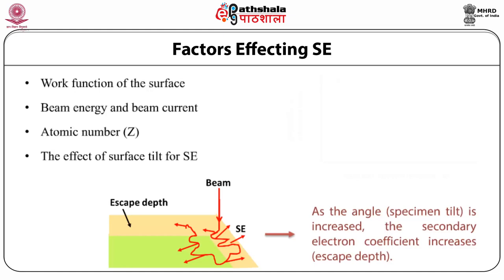This indicates that as the angle, that means the specimen tilt, increases, the secondary electron coefficient increases. The secondary electrons can escape from both sides of ridges and edges. These effects cause tilted surfaces to appear brighter than flat surfaces.